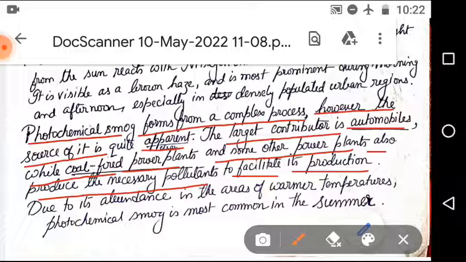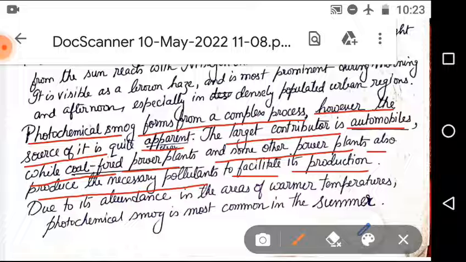Because at the ground level, automobiles are releasing this nitrous oxide and other pollutant gases which will interact with the UV rays due to ozone depletion, and interact with the water vapor in the surroundings and form a smog-like appearance in the early morning time or in the late afternoon time.